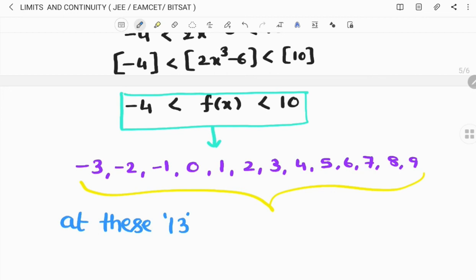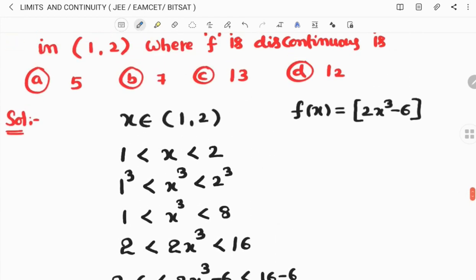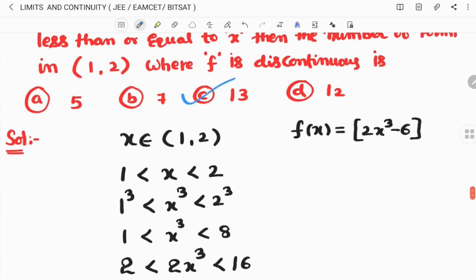So at these 13 points, the given function f of x is discontinuous. So hence the result. How many points means 13 points, which is there in the third option.